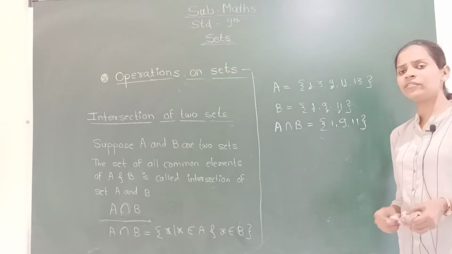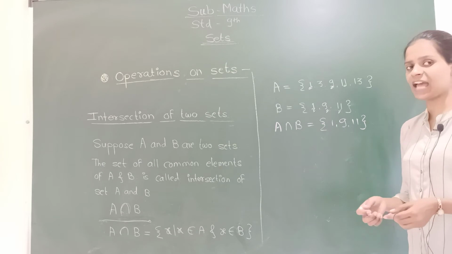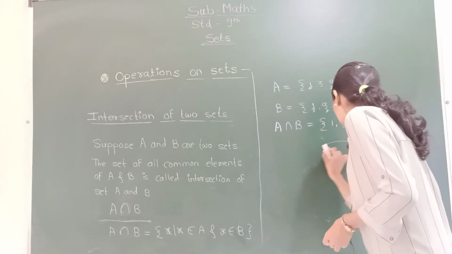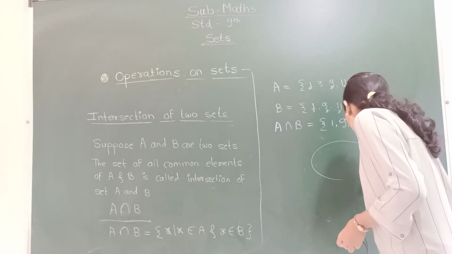Now, if we have to represent this by using a Venn diagram, how will we see it?